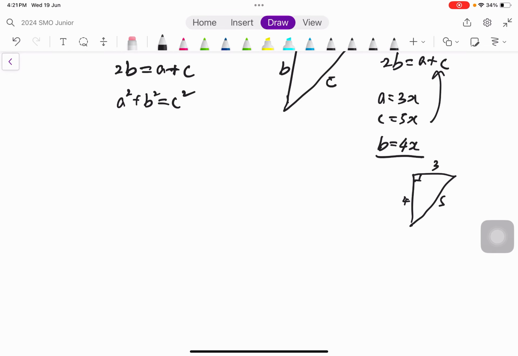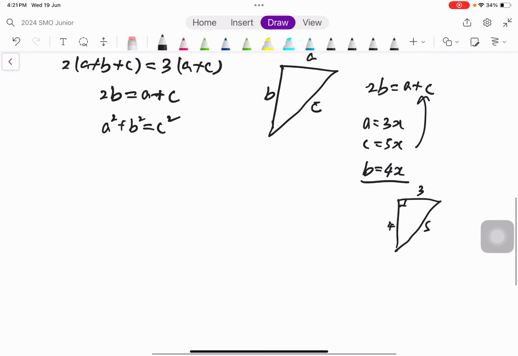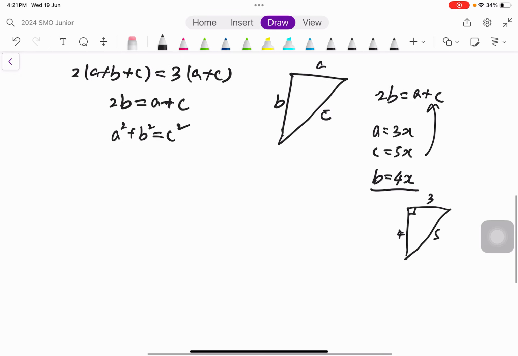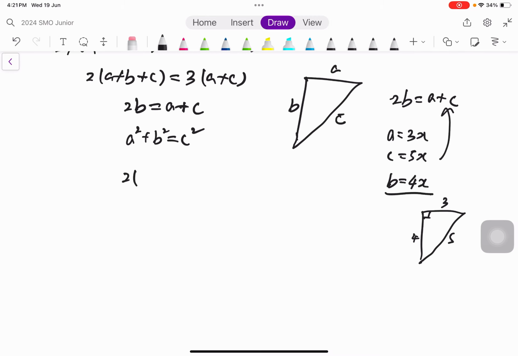Therefore, using this idea, I can roughly guess that.